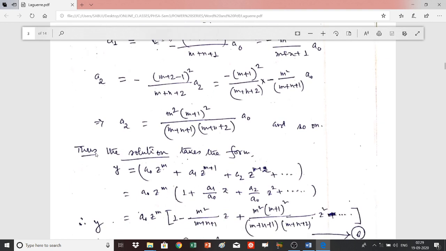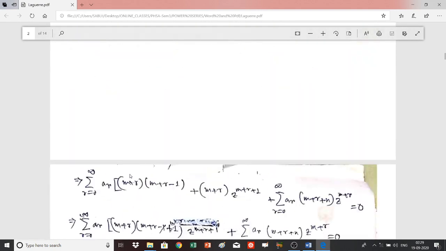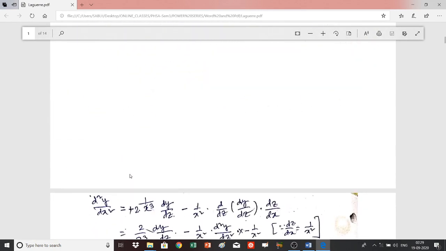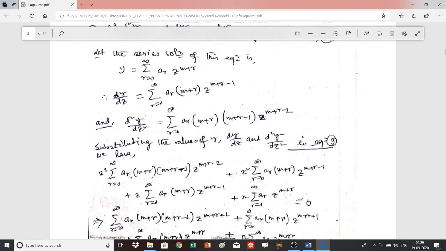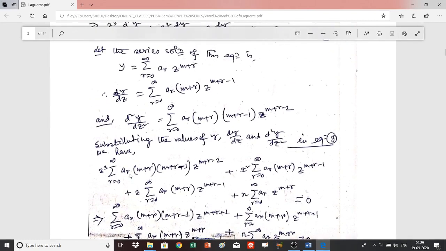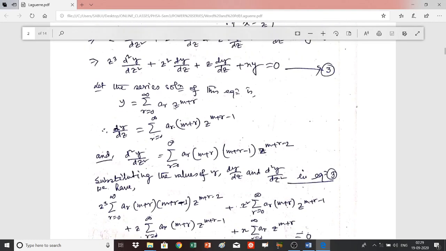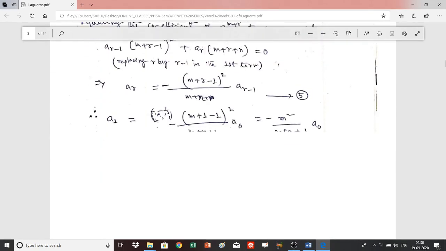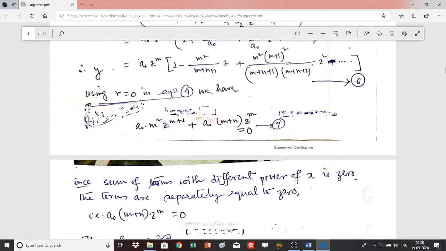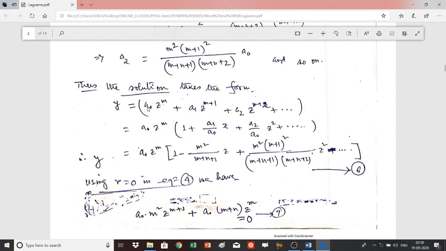Therefore if you expand y from this equation given here, y is equal to this. Now here substitute r from 0 to higher values, then you can get this relation: y is equal to a0 z to the power m plus a1 z to the m+1, a2 z to the m+2, and so on.